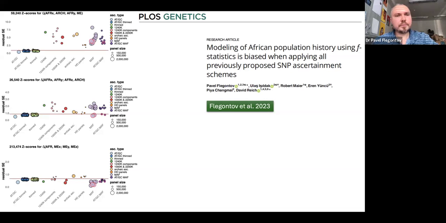And as an end result, more than half of sites on 1240K are almost invariant in Africa. So they don't represent African variation well. So the allele frequency spectrum that existed at the root of all the groups being co-analyzed is very skewed on 1240K.